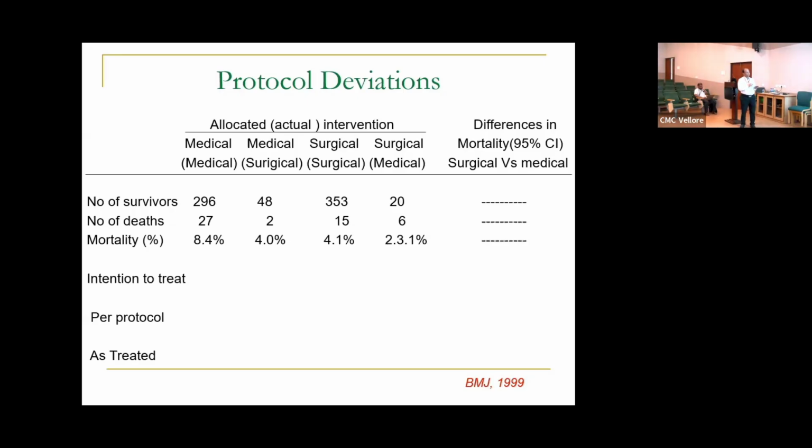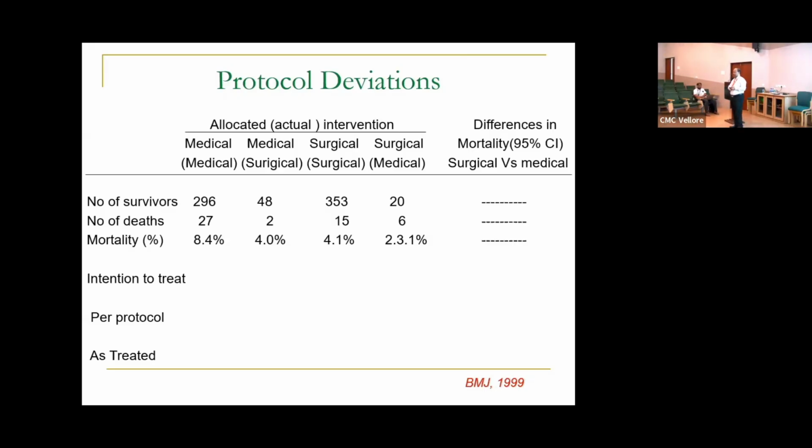What is the denominator for as treated analysis, medical? 296 plus 20. Is that clear? Because as treated means that these 20 subjects received medical, even though they were randomized to surgical, but they received medical.